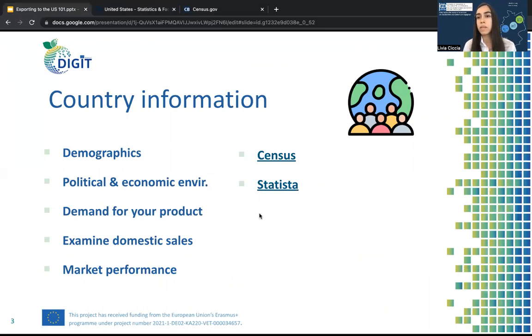Also, if you want to target a specific population, then you will need to know which products are already there and available to the market, and if you can provide a unique product to them. To understand how well the specific market is doing, you should also check the domestic sales and the market performance.